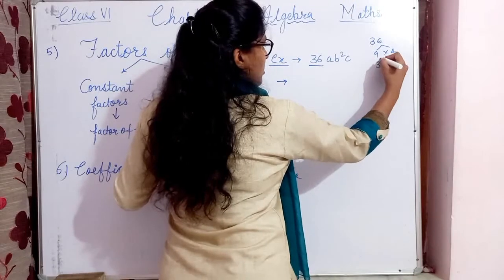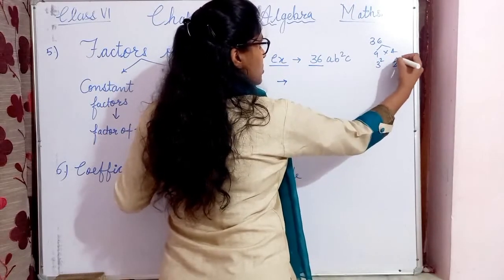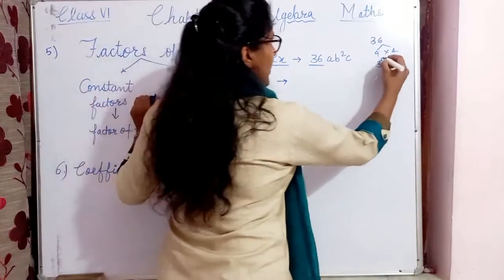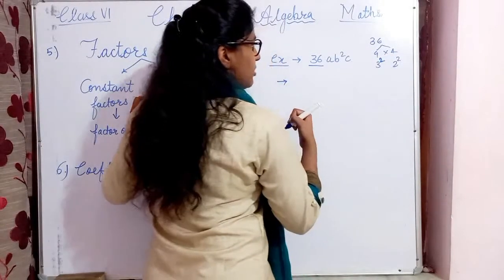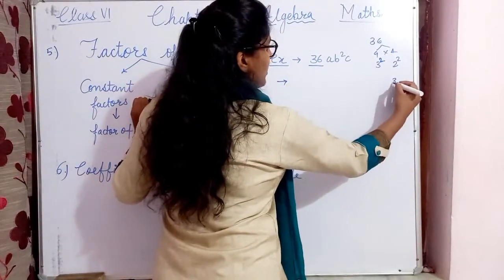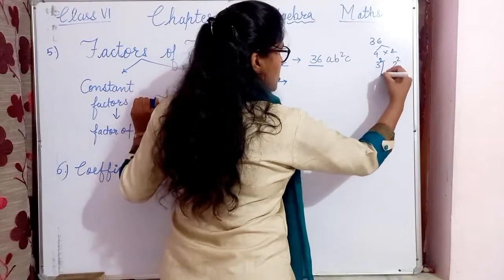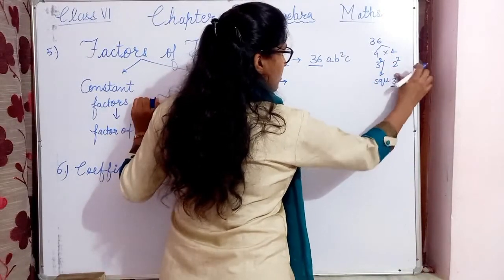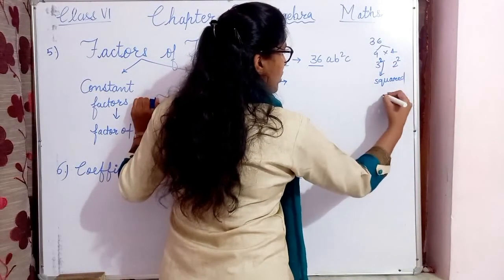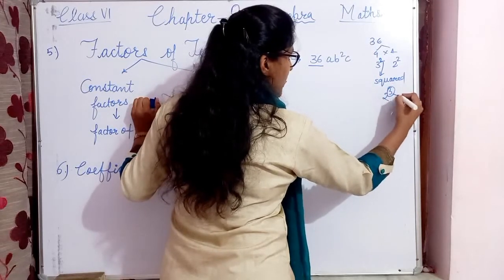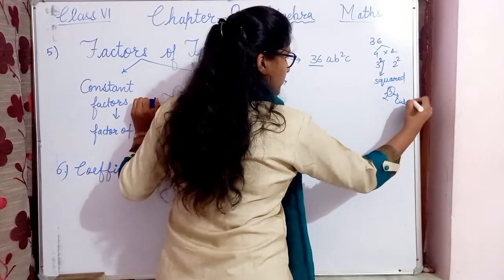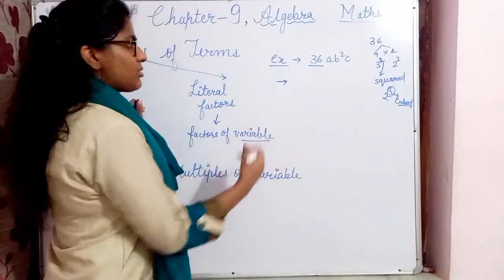And 9 is 3 square and 4 is 2 square. Whenever you write power 2, that is known as square. And if you write power 3, that power is known as cubed. Okay, now let's come back to the topic.